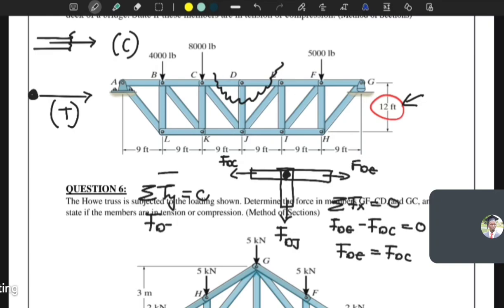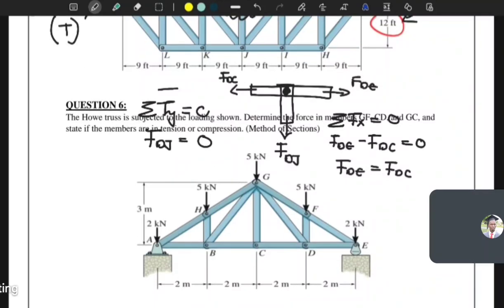So FDJ must be equals to 0 since it is alone. Here, we quickly see that FDJ is a zero force member. That becomes an obvious conclusion there. It's one thing that you have to look out for every time. Here, FDJ is a zero force member.